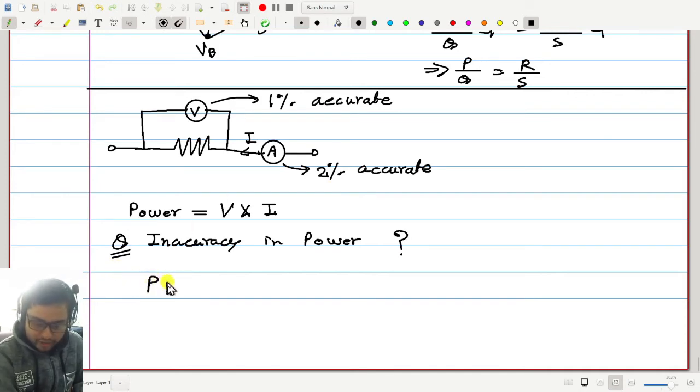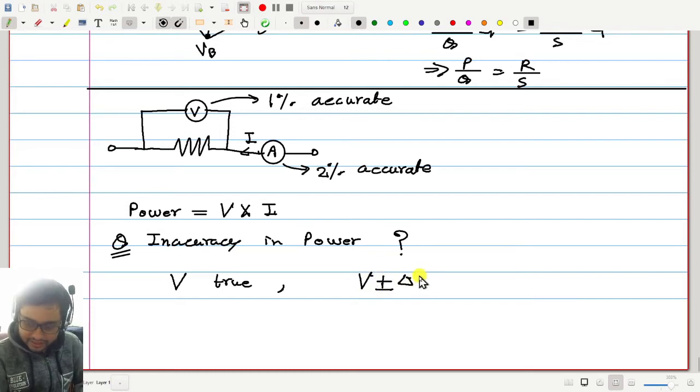Suppose V is the true voltage, true value, and the measured value is V plus or minus some delta V. This is measured, and this is the true value.